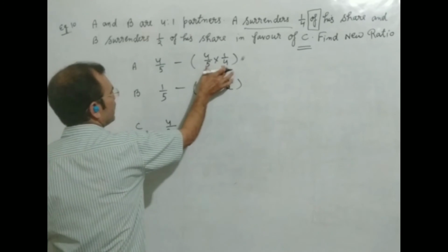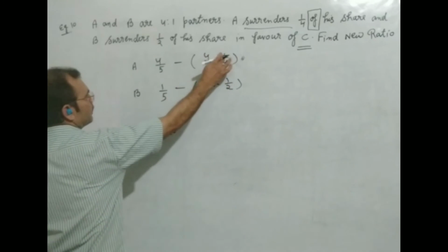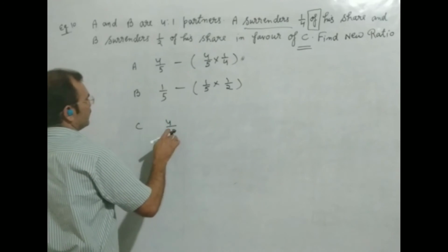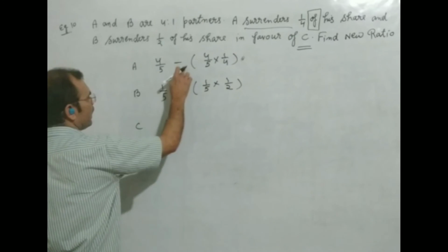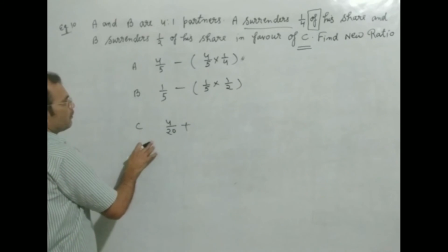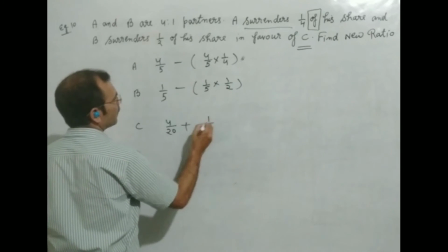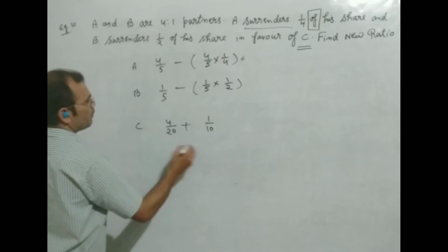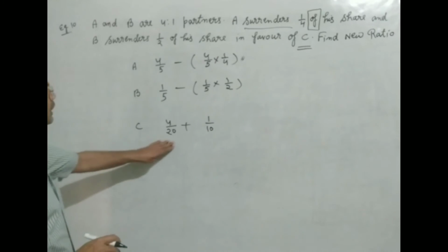4 upon 20. If we multiply, 1 4s are 4, 5 4s are 20, it will come 4/20. C will receive from A 4/20 plus C will receive from B, 1 1s are 1, 5 2s are 10, 1/10. In this way we will find C's share.